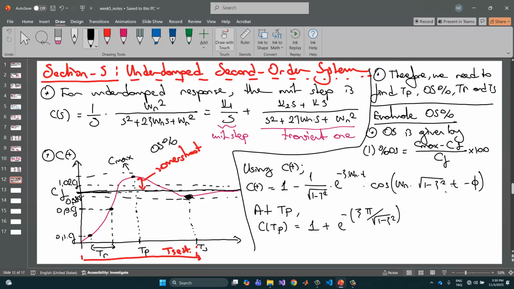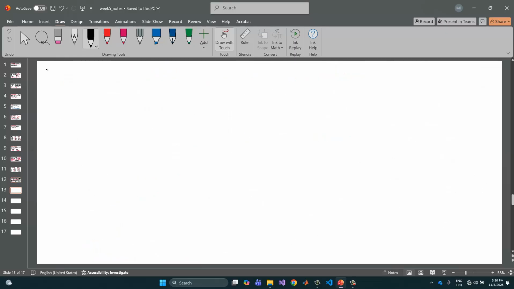And so we always know that C final is equal to 1 in here, because we have the 1, right? And this equation returns to this one. The percentage of overshoot is equal to what? I'm sorry, it's a complex formula.